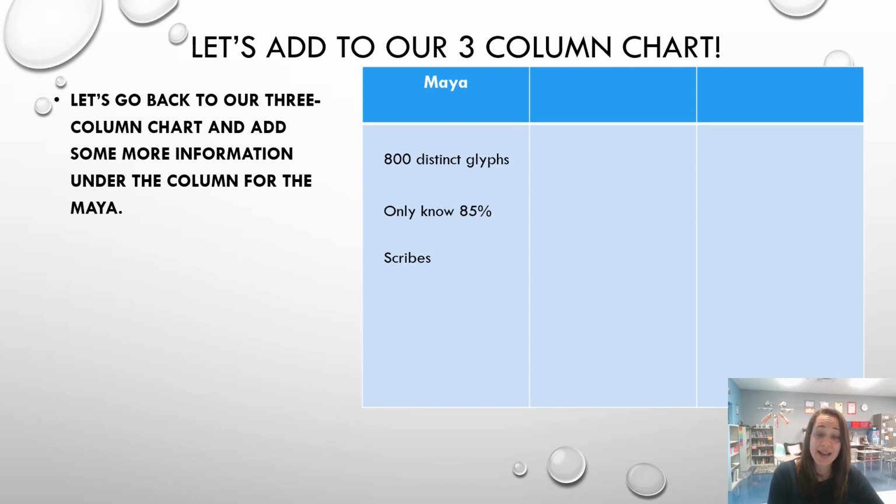Let's add the word scribes. Scribes were the Mayans who recorded the glyphs in their ancient books. Remember the picture we just looked at?